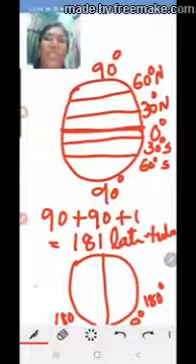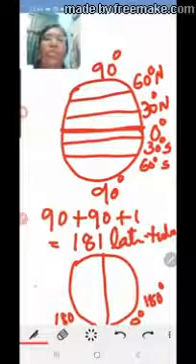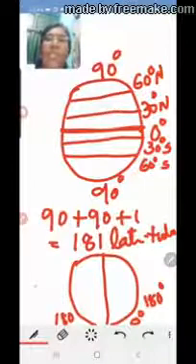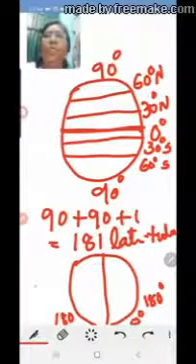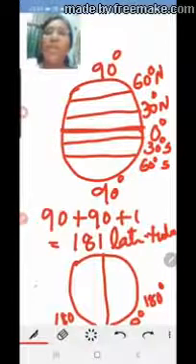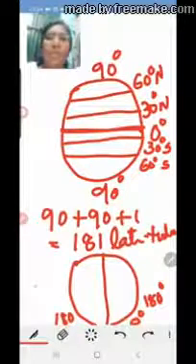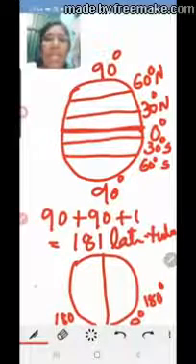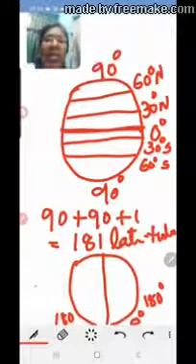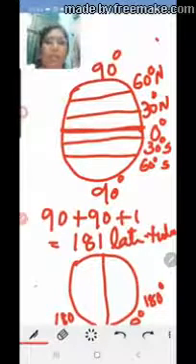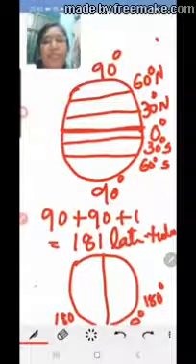I'm not drawing all the longitudes or latitudes here, and it is not possible for anyone to draw all the latitudes and longitudes on the globe. Why? If we draw them, it becomes so crowded, so we only draw a particular number. So here I am not drawing any numbers on the meridians for lack of space.